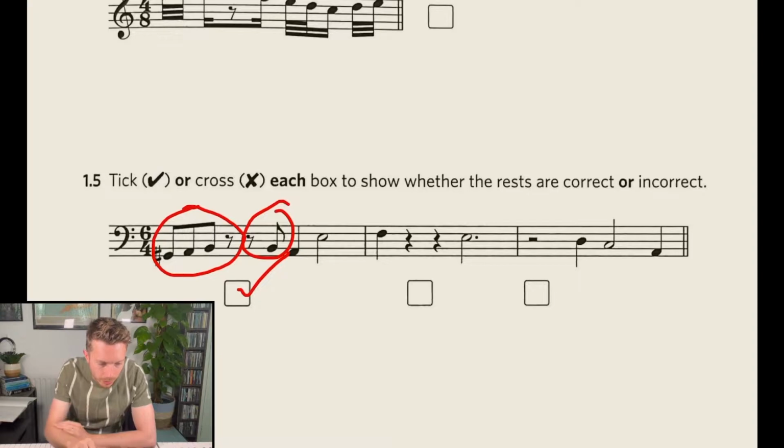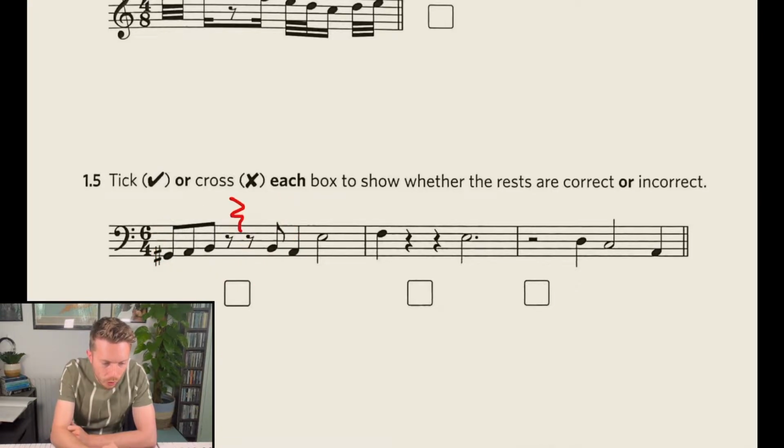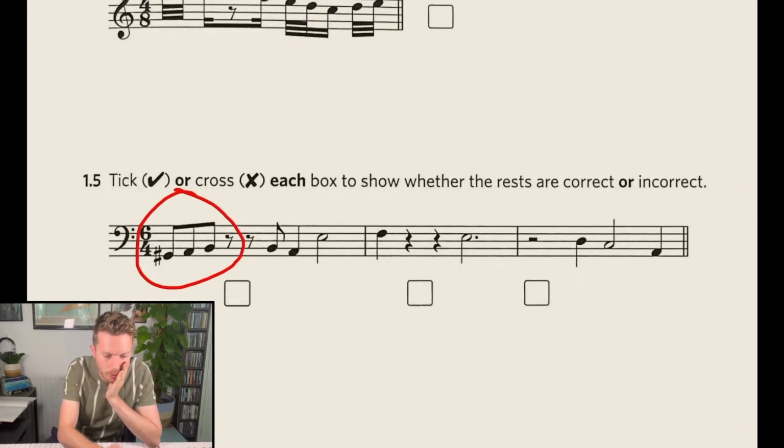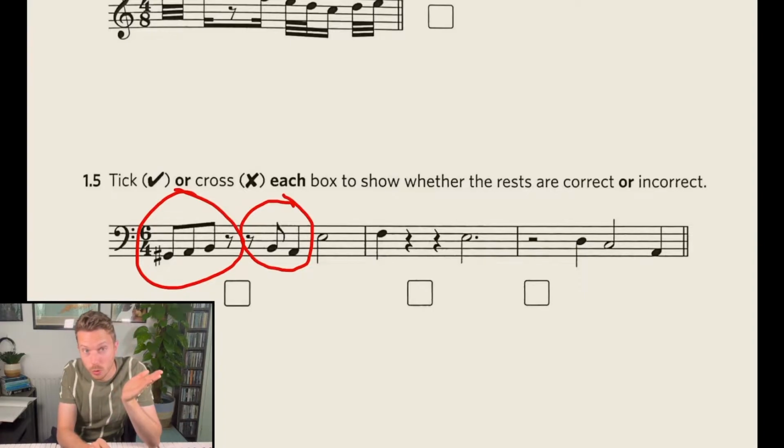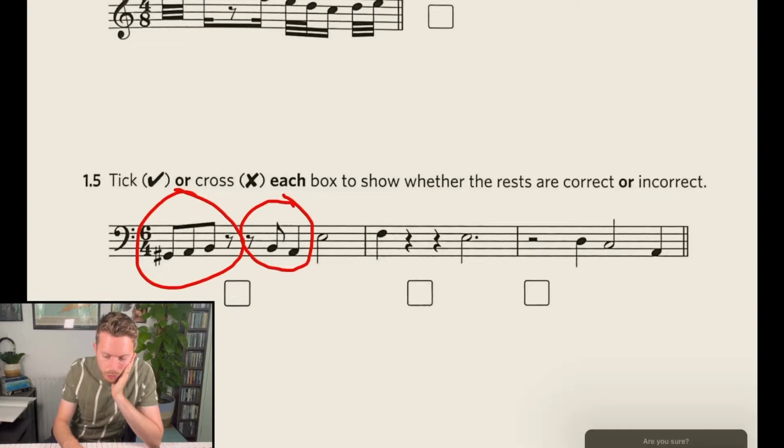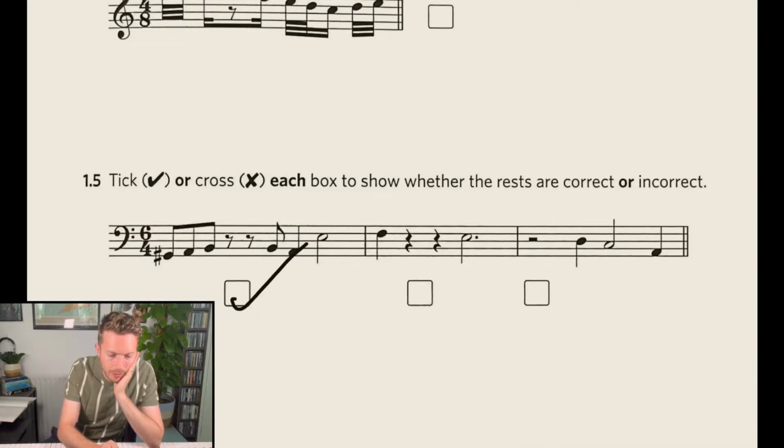So that's correct there. The reason that's correct is that would not be a crotchet rest because essentially that would go over the 2 beats. So that's a group of 4, and that's a group of 4 there, 4 quavers. If you had a crotchet, that would be bang in the middle of these groups and it just wouldn't make sense. Okay, so that is correct.